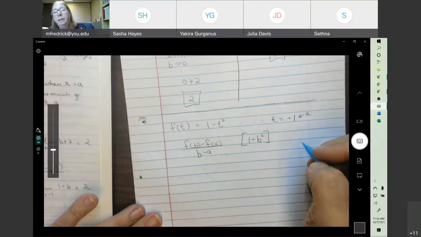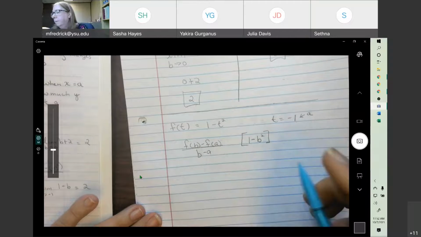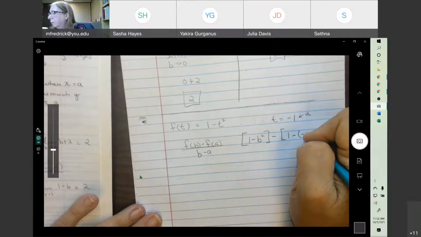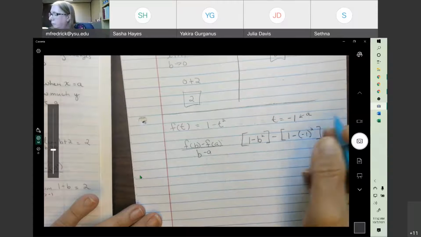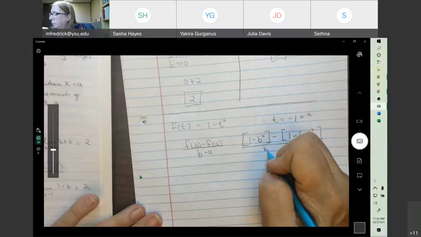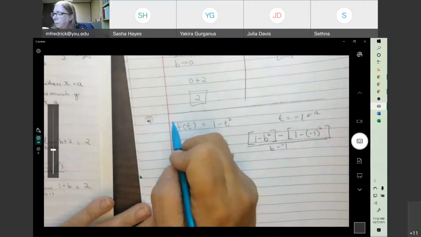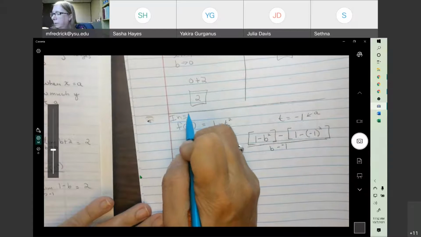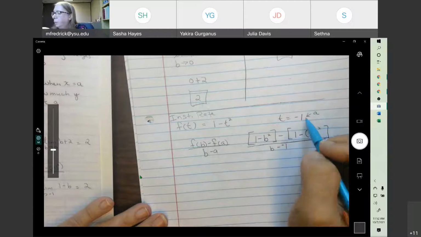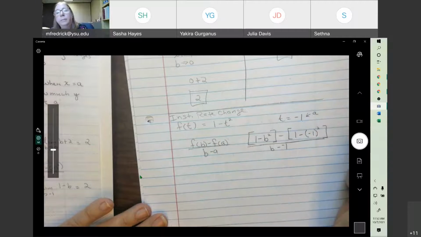First we find f of B. Then we find f of A. Now this one, I didn't write it, but it's instantaneous also. You also know it because they only give you one value. So that will help you know which one you're doing.